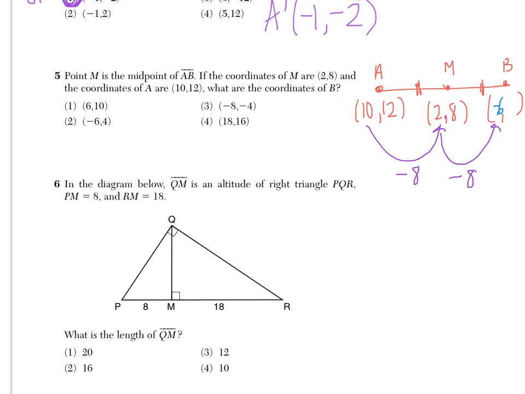Now for the y's, we should also figure out the rule. I'm going from 12 to 8, so that looks like we're taking away 4. Whatever we do to get to M, we should do the same thing to get to B. Take away 4 more, which means that we now have 8 take away 4 to give us 4. So point B is located at (-6, 4), which is choice 2.